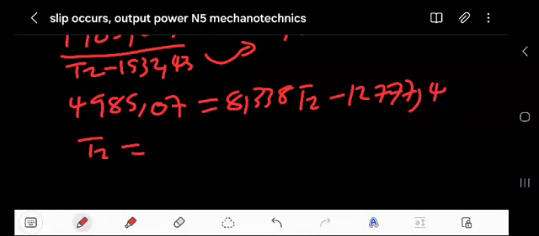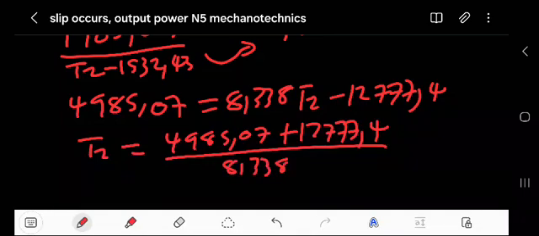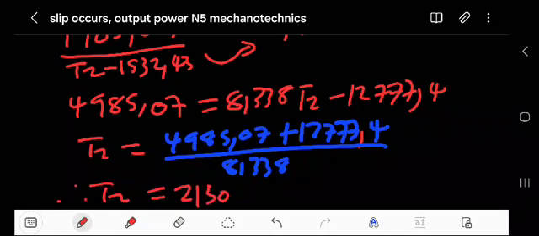T2 will be, yes, it's manipulation. T2 is 7 Newton.